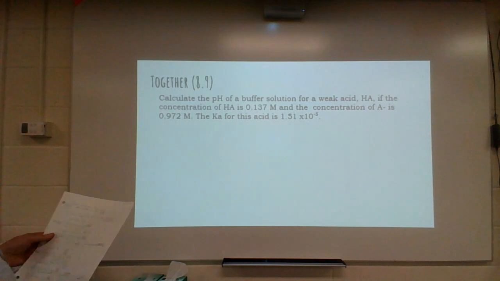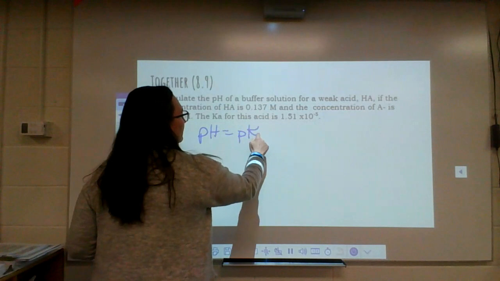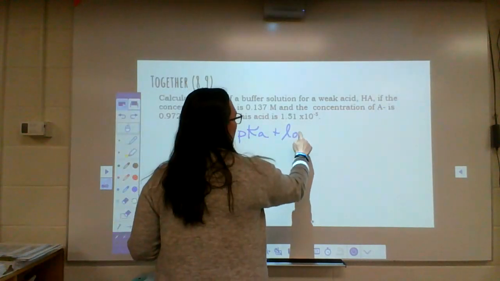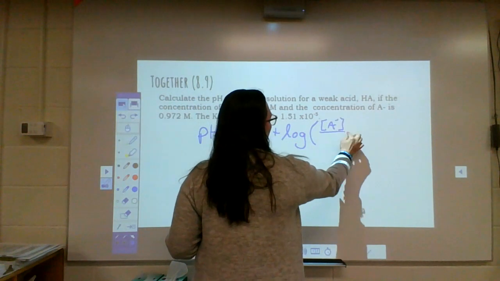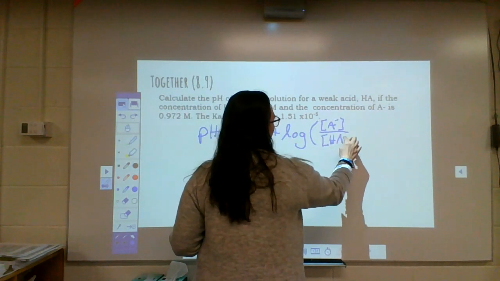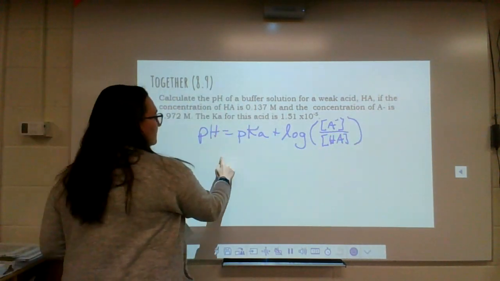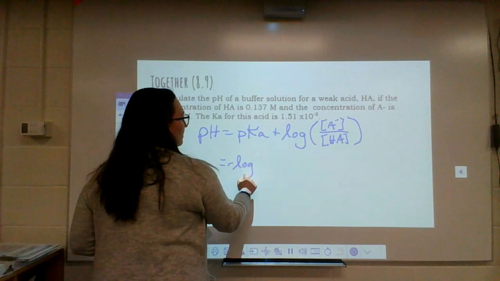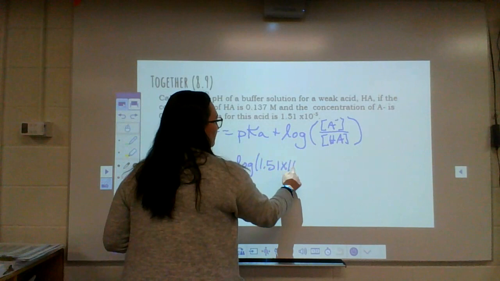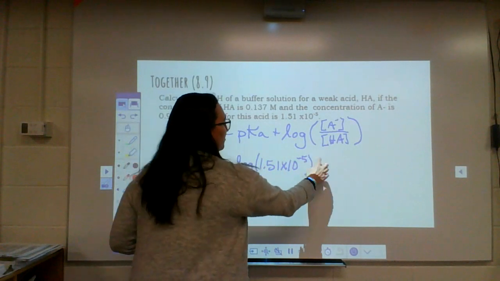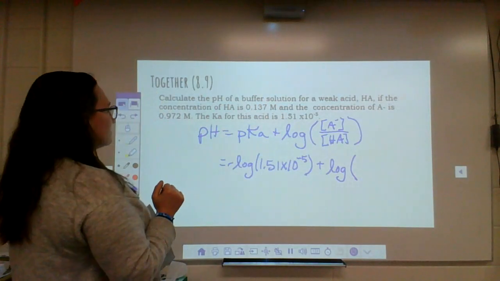So again, using my Henderson-Hasselbalch equation, pH is equal to pKa plus log of the ratio of the concentration of the conjugate base divided by the concentration of the acid. And so this will be equal to the negative log of 1.51 times 10 to the negative fifth plus the log of the ratio of the concentrations.